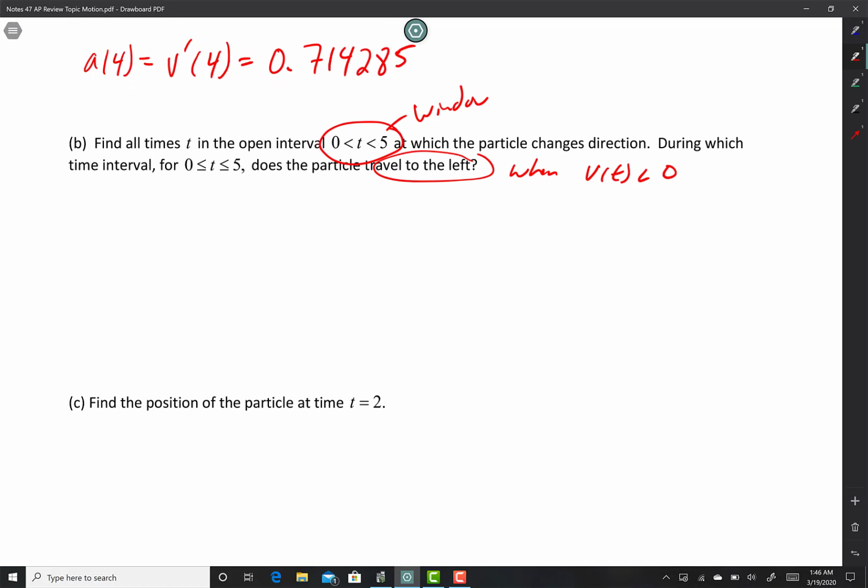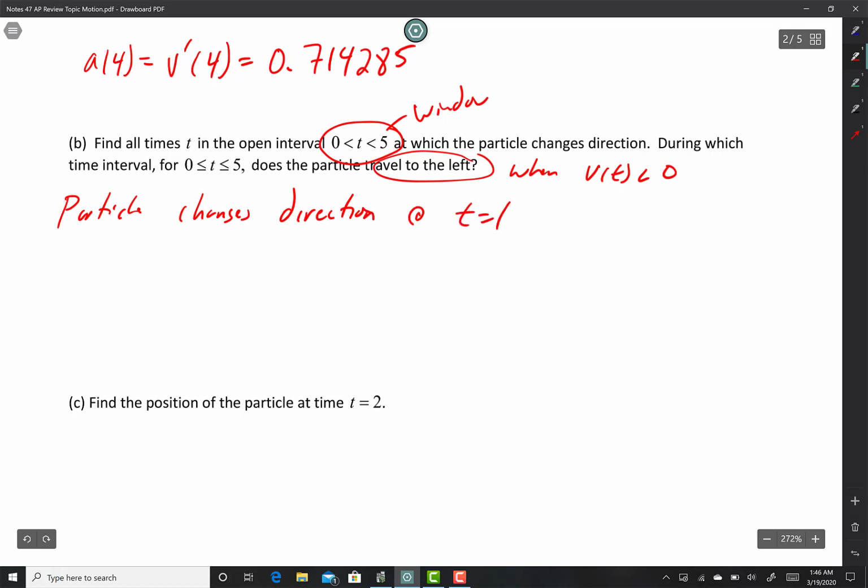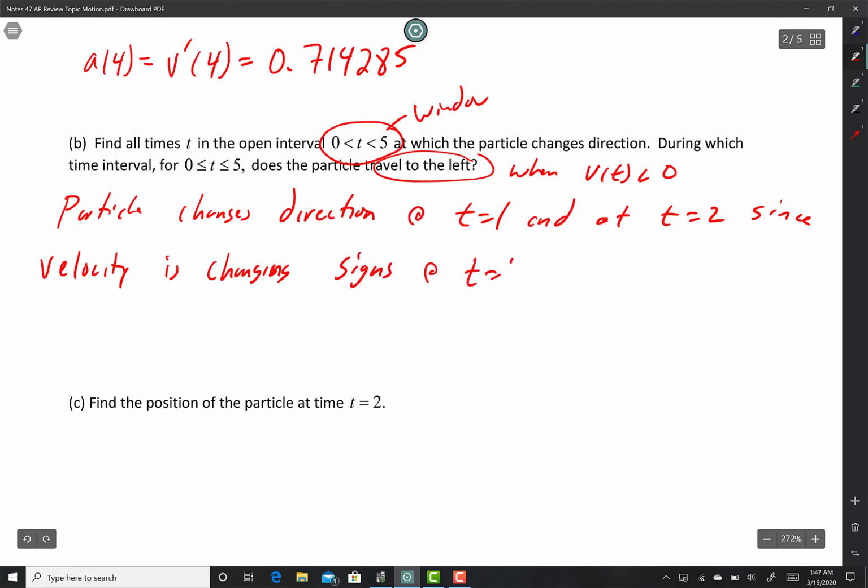So I'm going to write particle changes direction at t equals 1 and at t equals 2 since velocity is changing signs at t equals 1 and t equals 2.